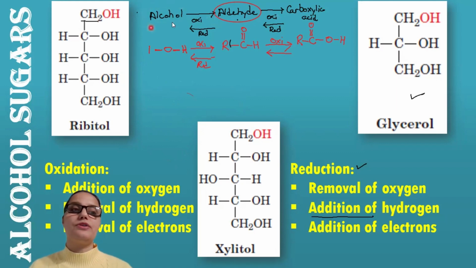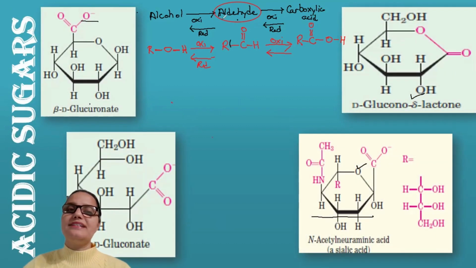The alcohol derivatives were formed by the process of reduction, right? But the acid derivatives will be formed by oxidation. Over here, the same thing is applied: whenever any aldehyde gets oxidized, or any alcohol for that matter gets oxidized, it ultimately leads to the formation of carboxylic acid, right?